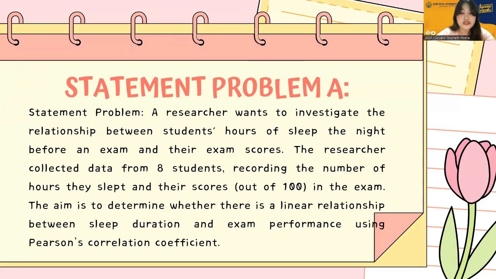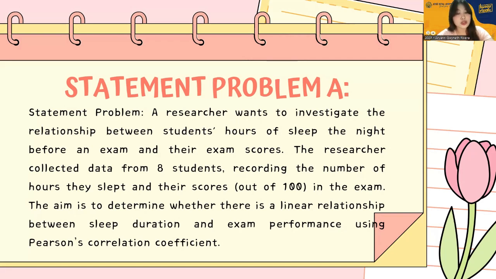Now, let's proceed with the given problem that we will solve to understand how to solve Pearson r. Problem statement: A researcher wants to investigate the relationship between students' hours of sleep the night before an exam and their exam scores. The researcher collected data from 8 students, recording the number of hours they slept and their scores out of 100 in the exam.